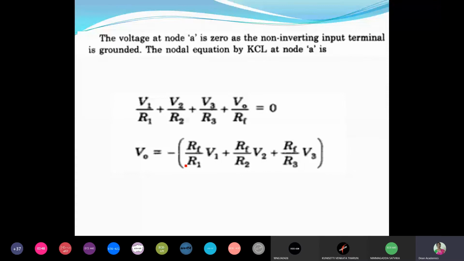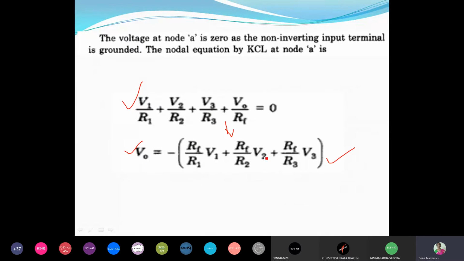So V naught is equal to minus of RF by R1 into V1, plus RF by R2 into V2, plus RF by R3 into V3. Just rearrange this equation, that means express the same equation only in terms of V naught. V naught is equal to this much.